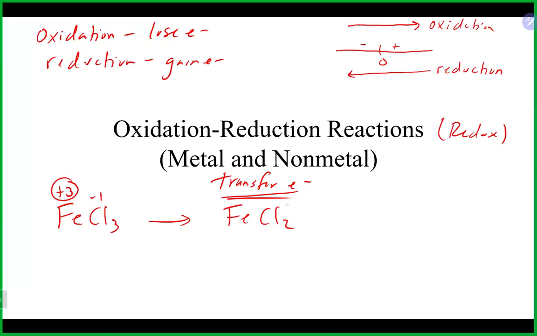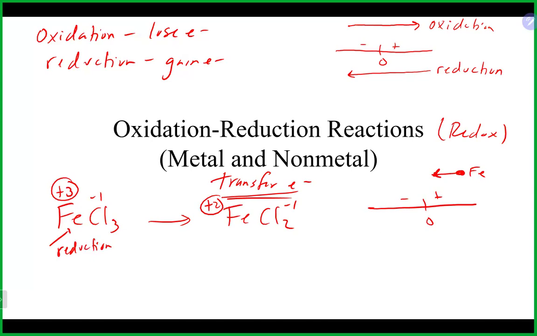Over here, this is again -1 for the chloride. There's 2 of them. It is +2. So what is happening when we look at the iron in this particular case is the iron is starting at +3, which would be over here, and it's ending at +2, which means it's going towards the negative side. And it is the iron here that is going through reduction.